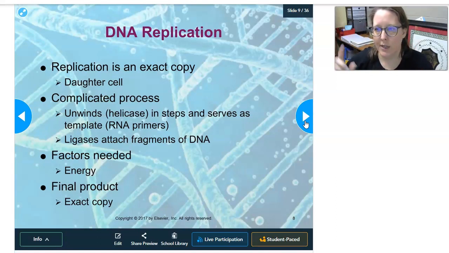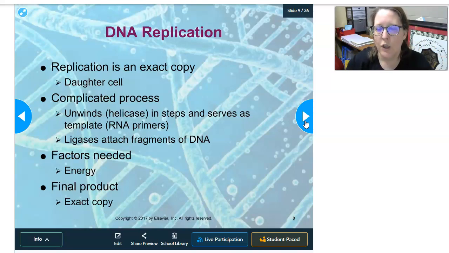One of the strands is copied continuously because it's read in the same direction, so it just keeps going. The opposite strand has to be read backwards from the way the strand is opening up. So it is copied backwards in sequences, and then the sequences have to be linked together, and ligases attach these fragments of DNA.